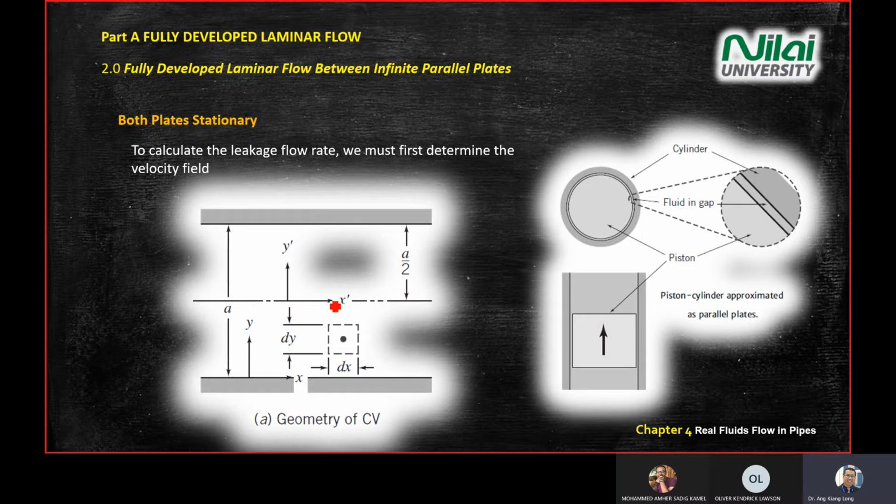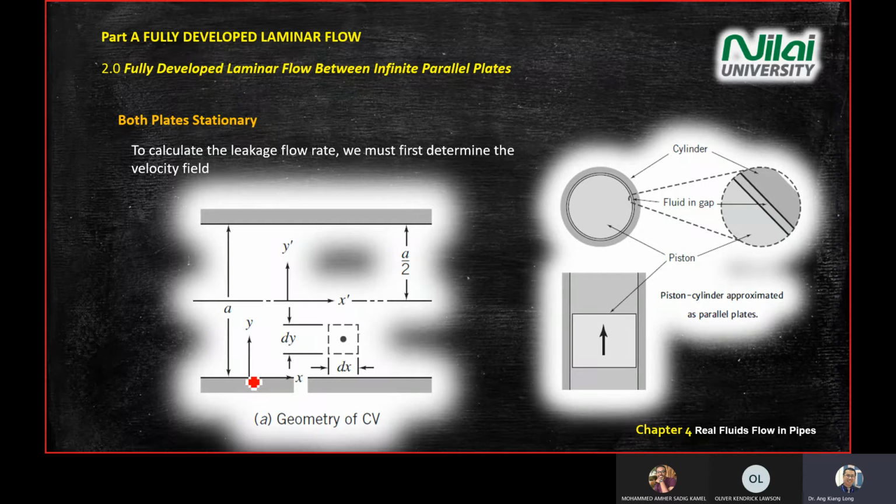The distance from the wall to the axis is A divided by 2, which is the center of the gap. We have Y prime and X prime, and another axis on the diagram, X and Y, which is your reference axis. If later in the equation you see Y and X without the prime, it means you are measuring from the wall.